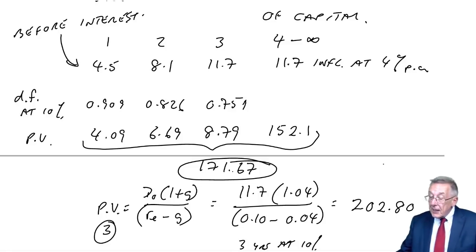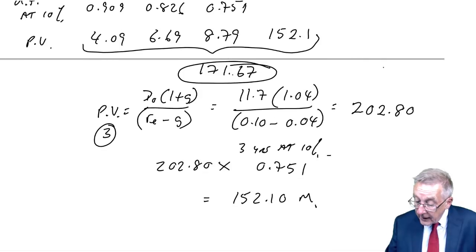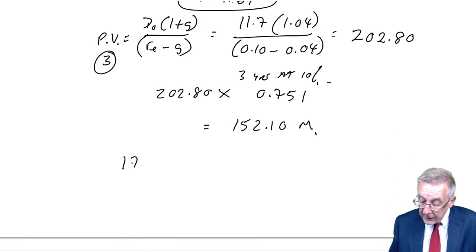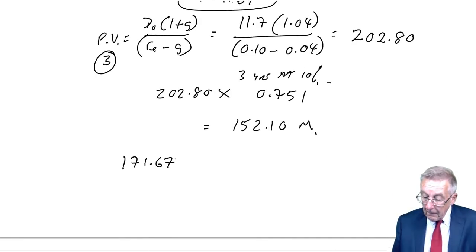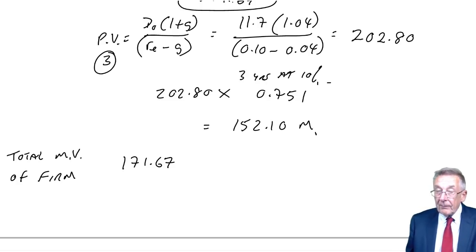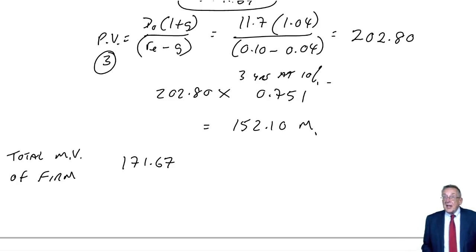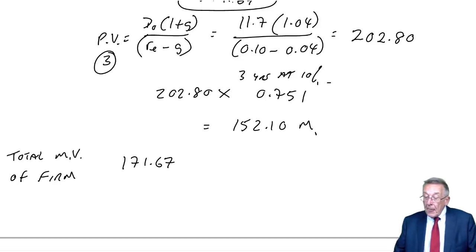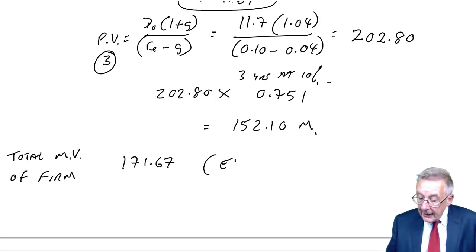But as a result, the value we end up with, here 171.67, is the total market value of the firm, of the business. And when I say total market value, it's the market value of the equity plus the debt.